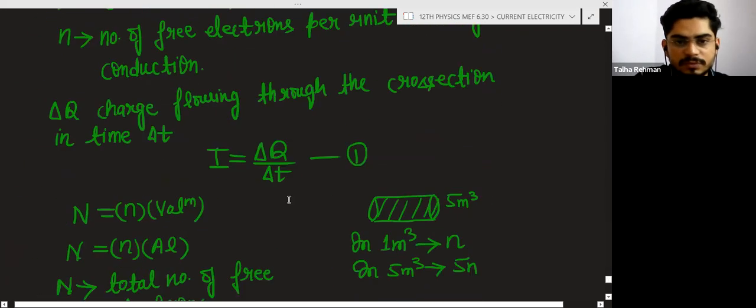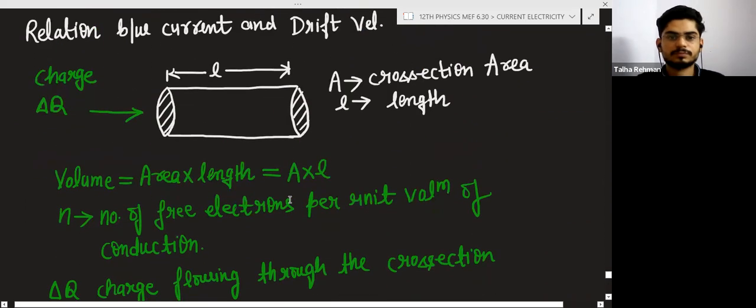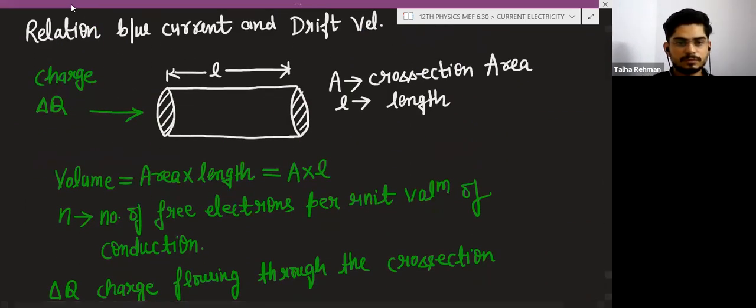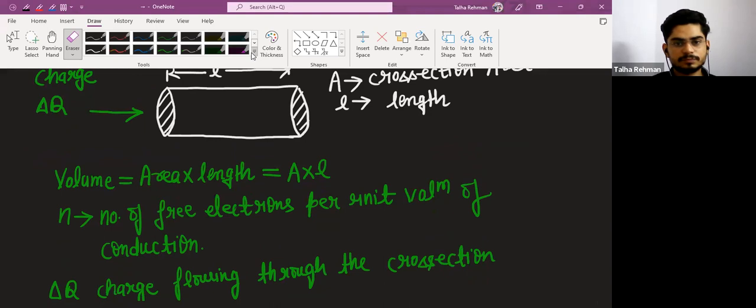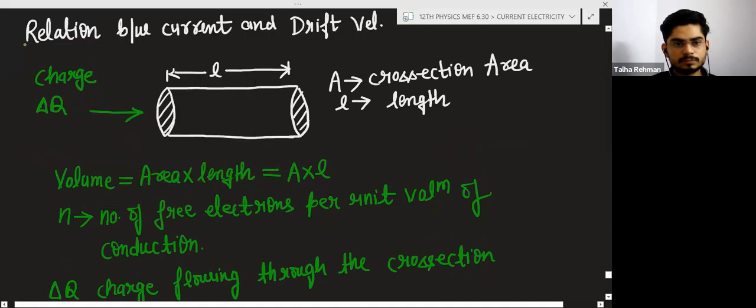Please note it down. Relation between the current and the drift velocity.